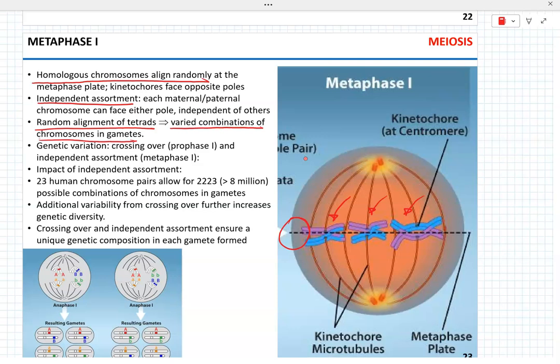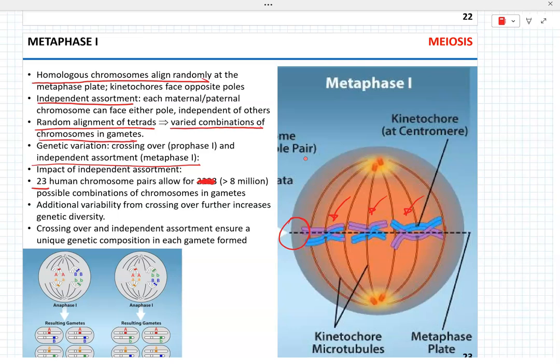So the two sources of genetic variation in a cell are essentially crossing over that occurs during prophase 1 and independent assortment that occurs in metaphase 1. So 23 human chromosomes, that's a bit of a typo.